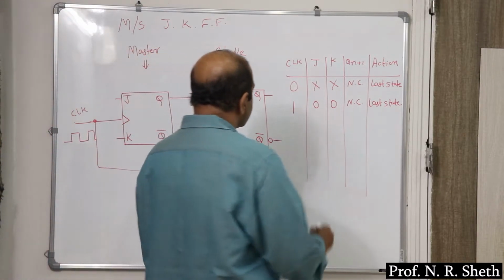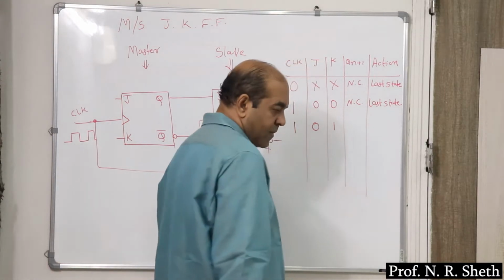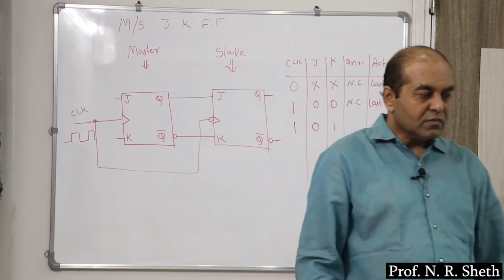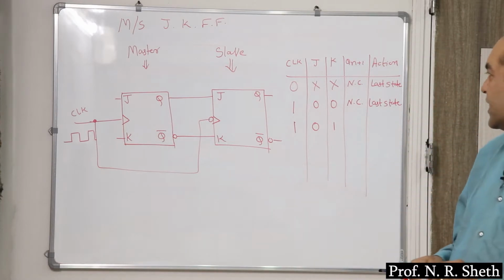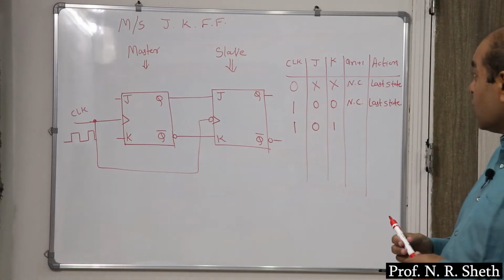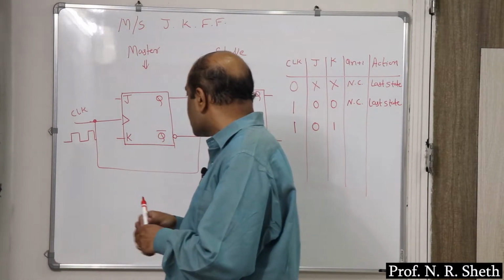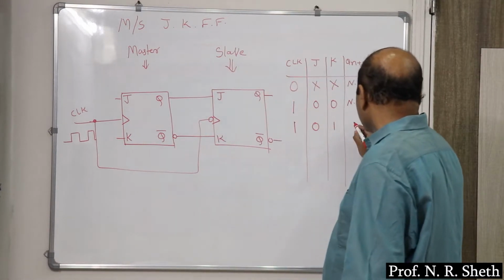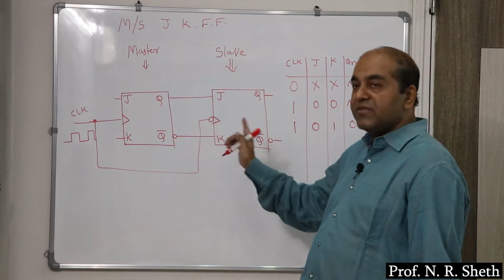Now when the clock pulse is 1, it is 0 and 1. So you can say that during the positive transition, master is reset, and during the negative transition, slave is reset.